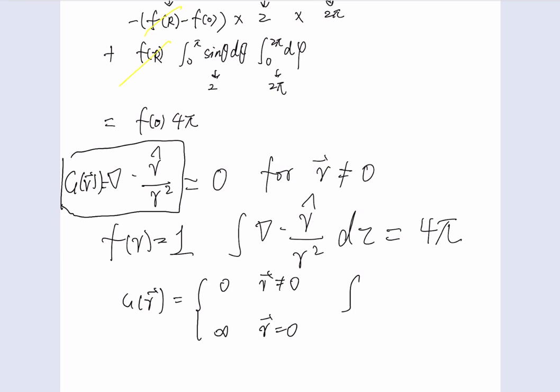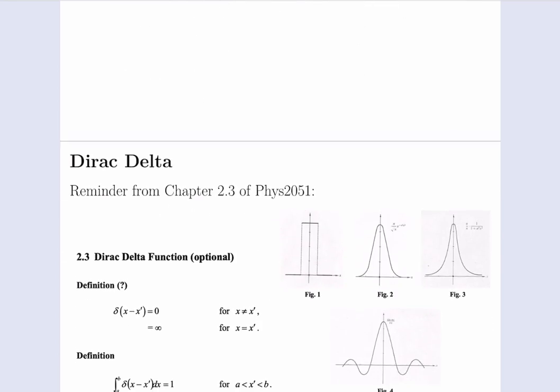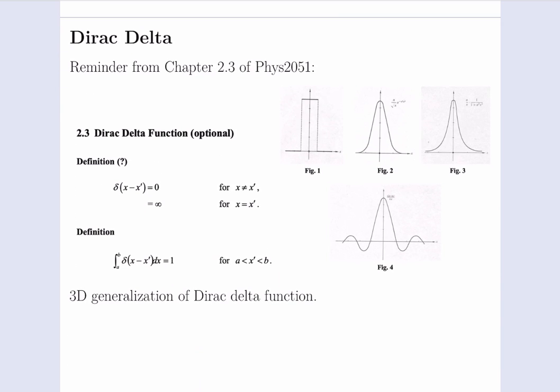And if you do a volume integral that includes the 0 point, this g of r gives you a finite number. So the answer is the Dirac delta function.